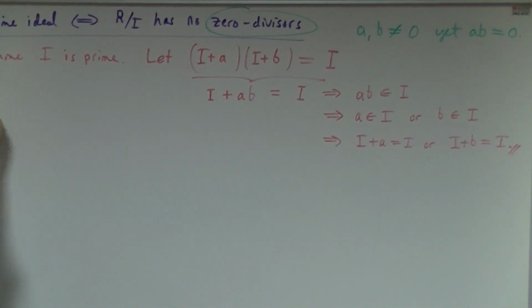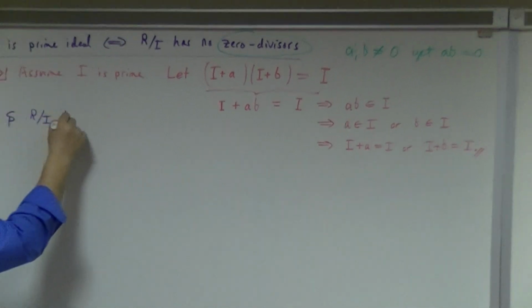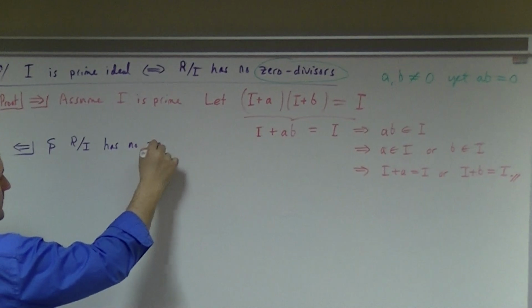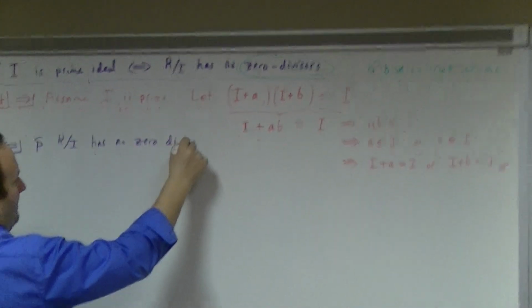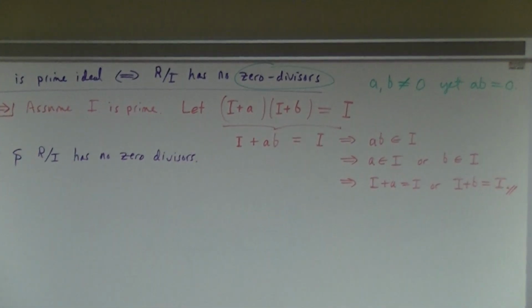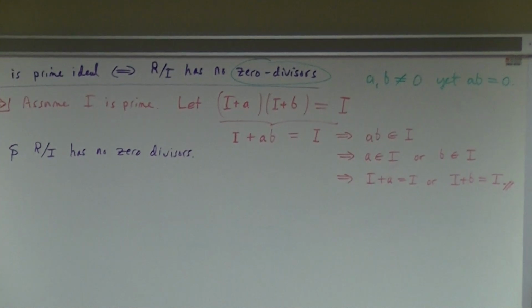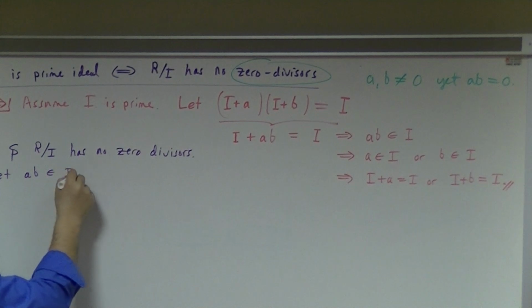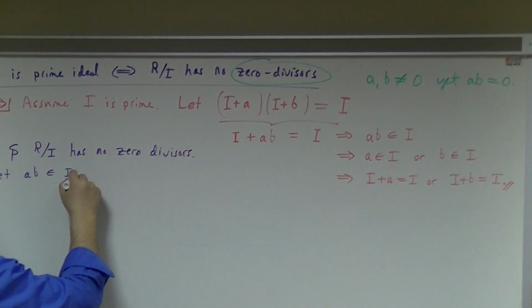Suppose R mod I has no zero divisors. Now we need to show that I is prime. So let the product AB be an element of I. What is our goal?